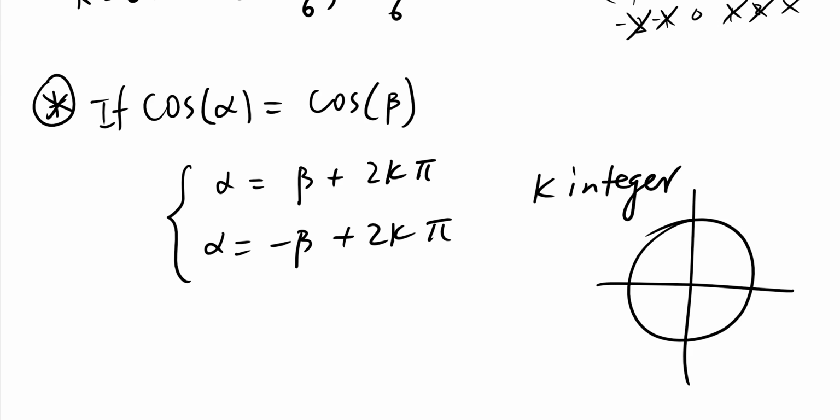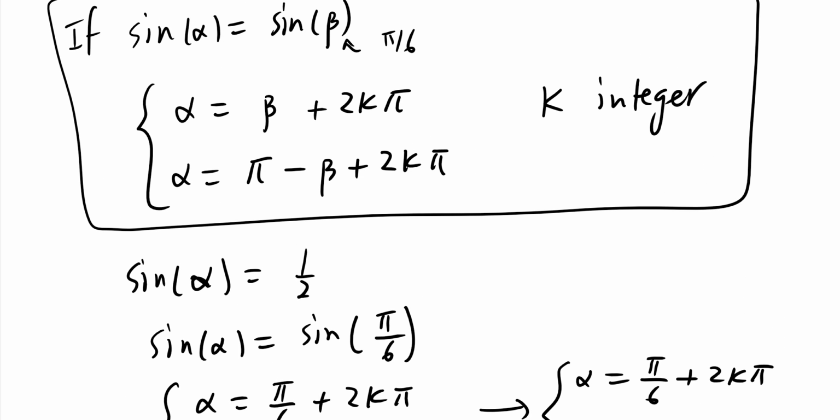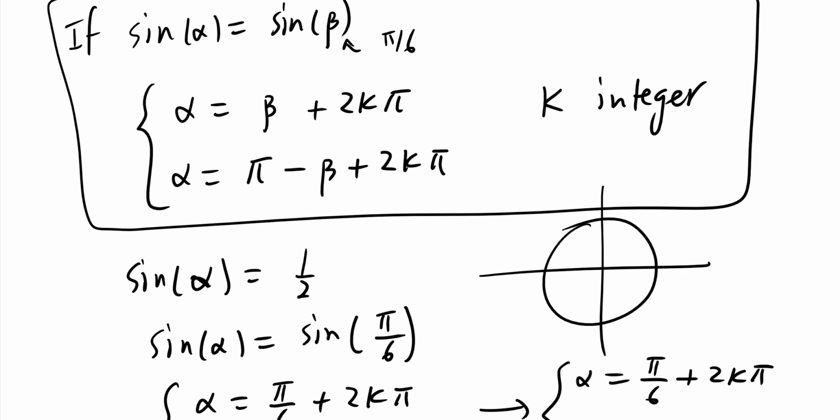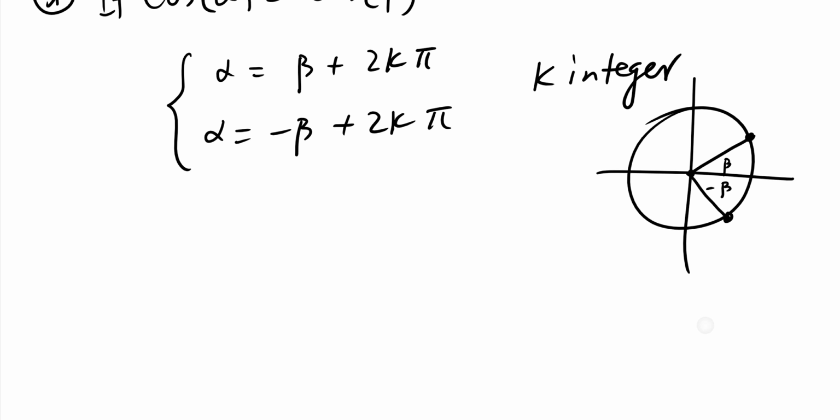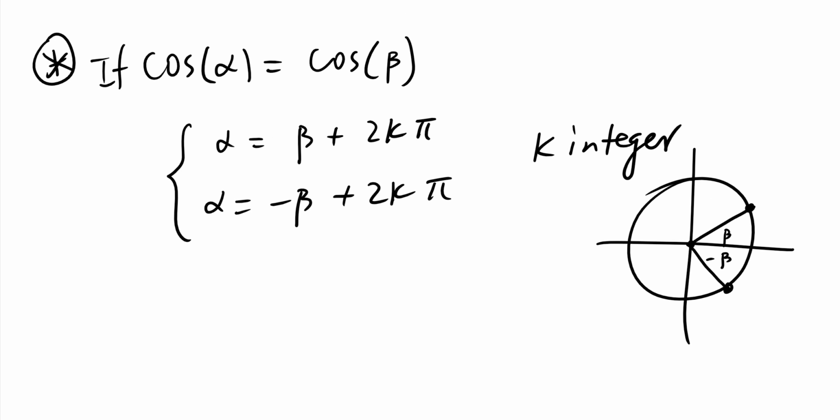So this is beta and negative beta, always in the first and fourth quadrant. That's where cosine is positive. And the same thing here for sine, always in the first and second. That's where sine is positive. Cosine is first and last one, which is the fourth one. So this formula generates all the solutions to any cosine function.